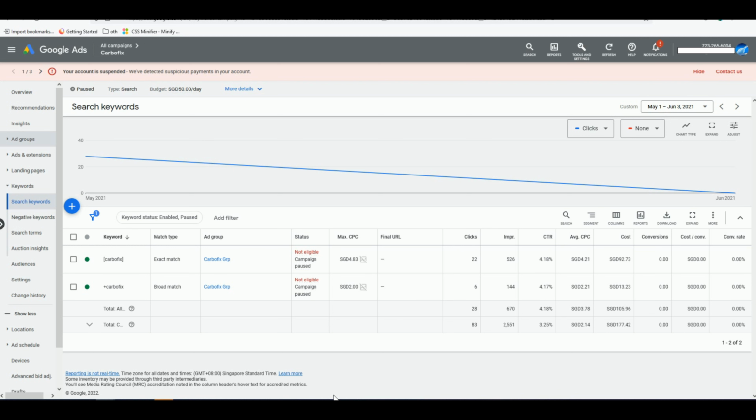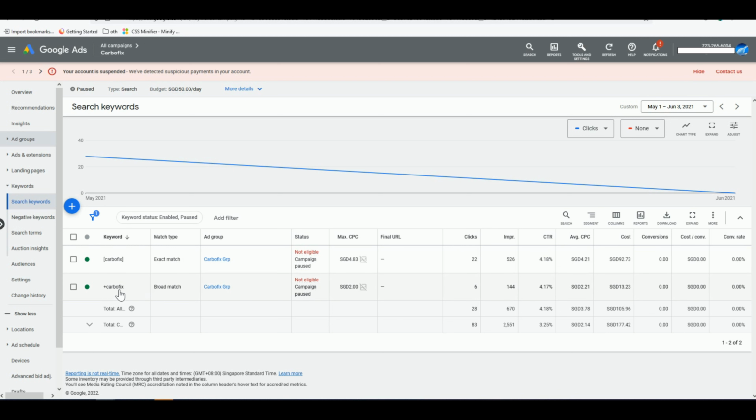It's just that you must be willing to spend that much amount in order to see results. For me, I spent, like I showed you earlier, almost 100-plus US dollars. So I think a minimum of 100 US dollars should be your budget to do brand bidding.